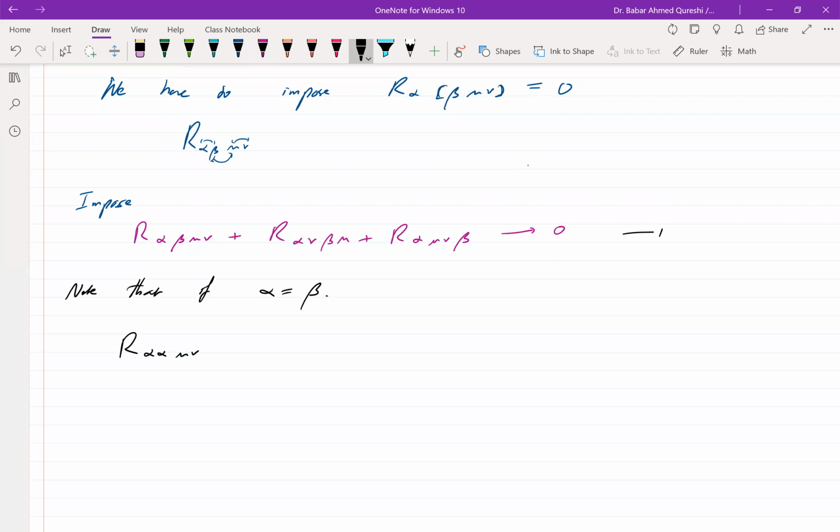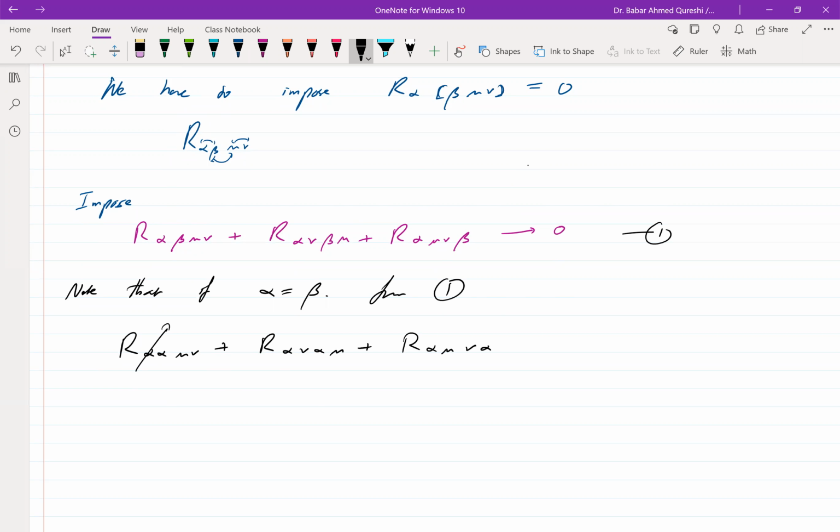So let's call it 1. From 1, I put beta equal to alpha: R alpha alpha mu nu plus R alpha nu alpha mu plus R alpha mu nu alpha. Now the first term has to be 0 because the components are antisymmetric under the exchange of the first two. So if you have a repeated index, then this is clearly 0.